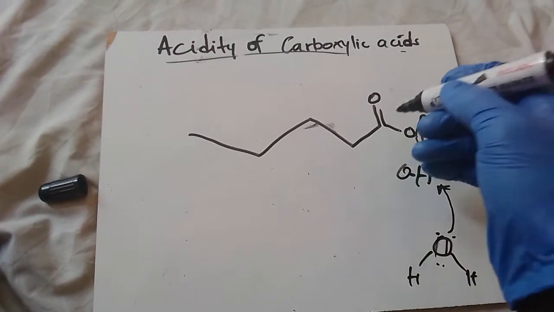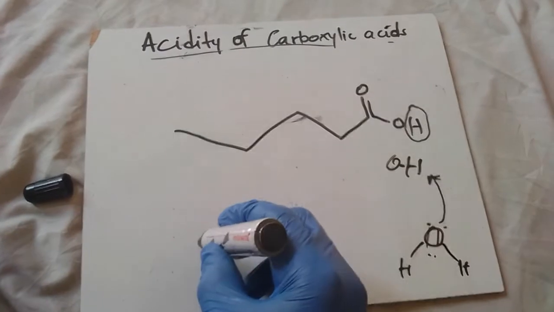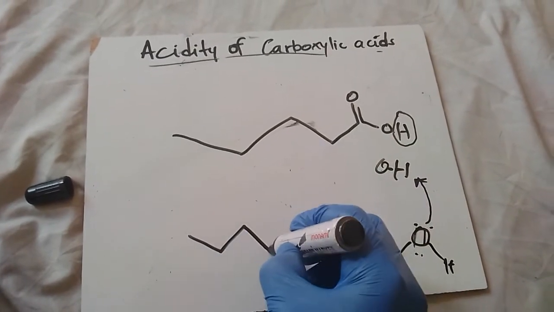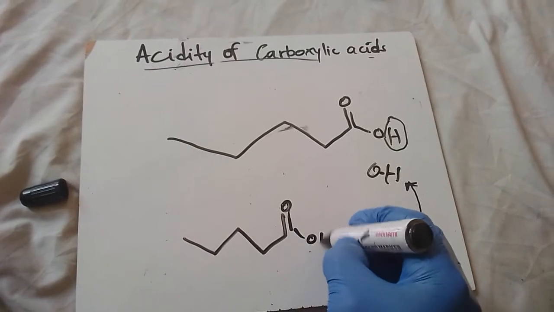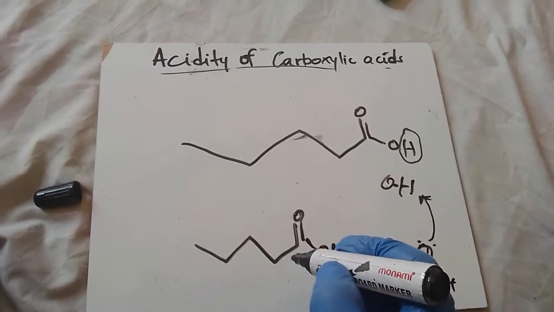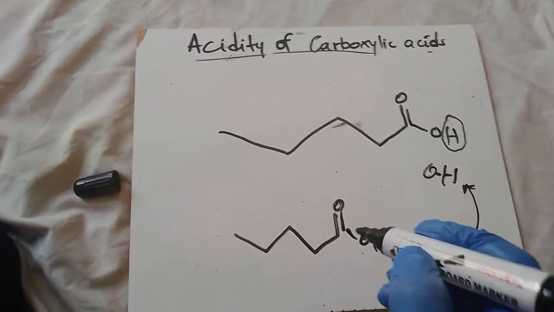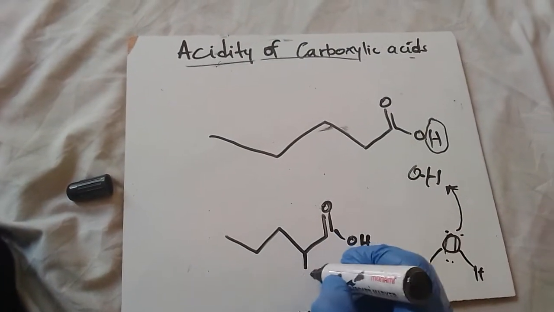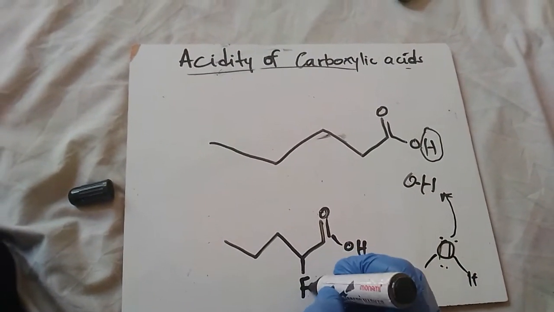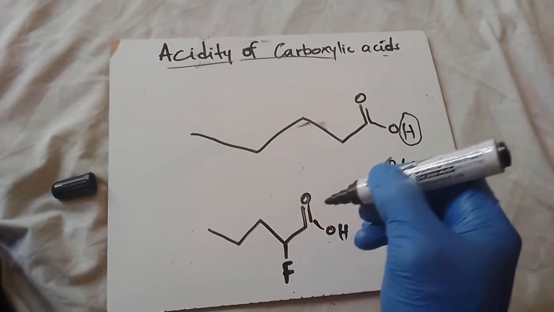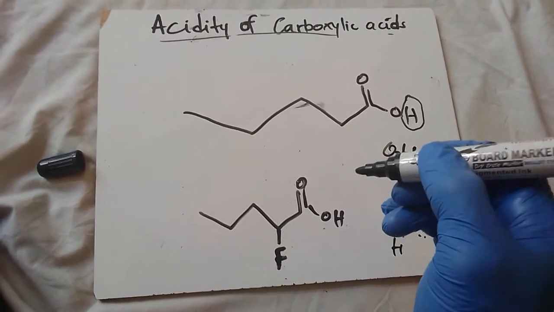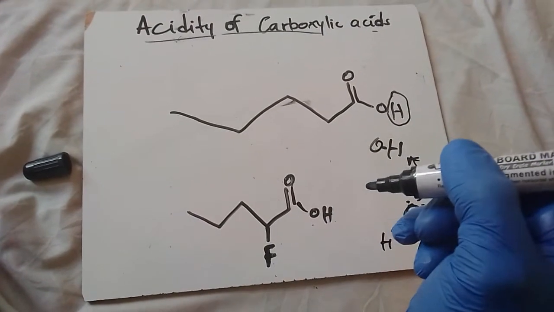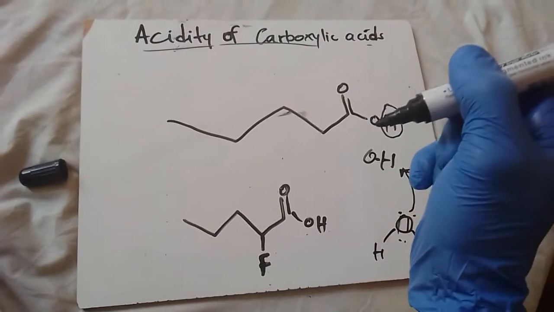Let's say we have this molecule and another molecule, the same molecule, having an electronegative atom, like let's say fluorine. Fluorine is a very electronegative atom, and in fact it is likely to be the most electronegative atom on the periodic table.